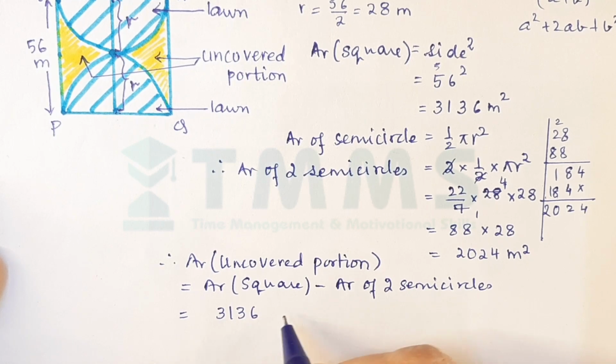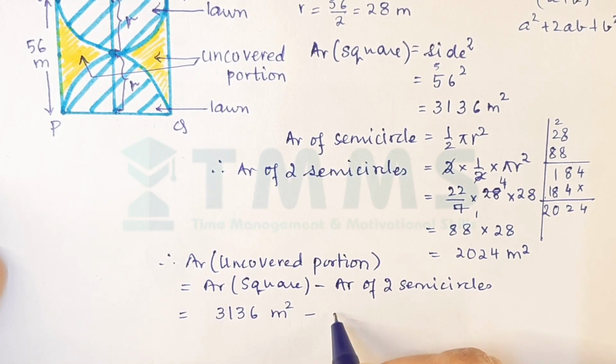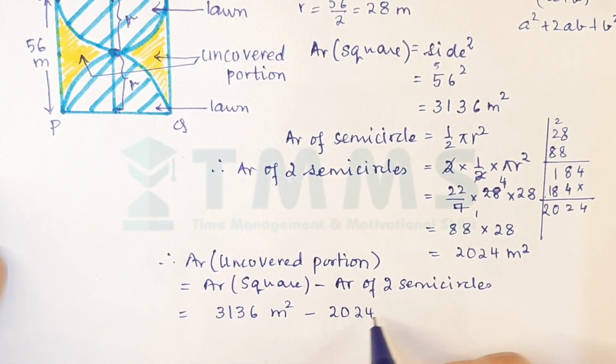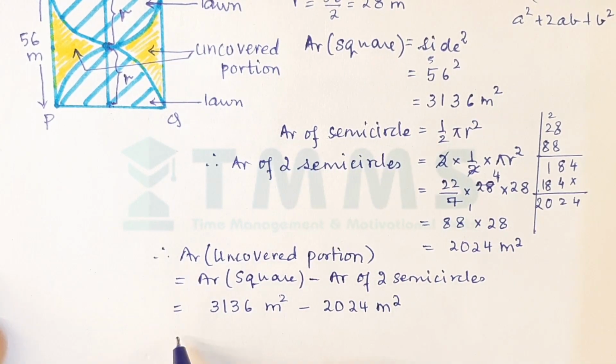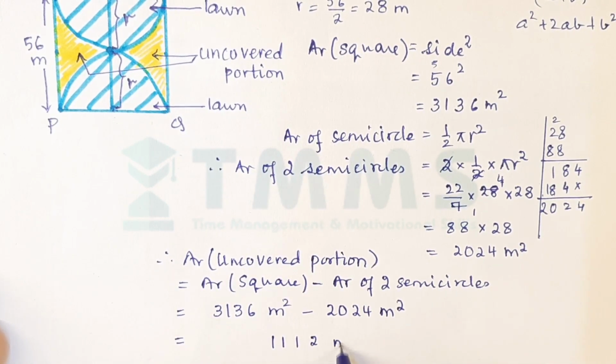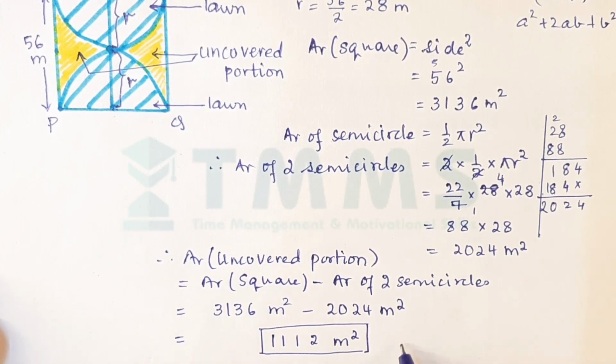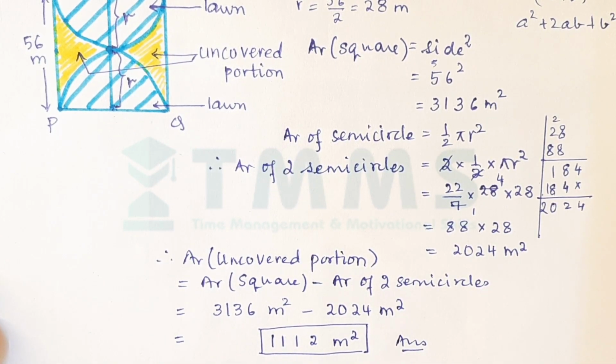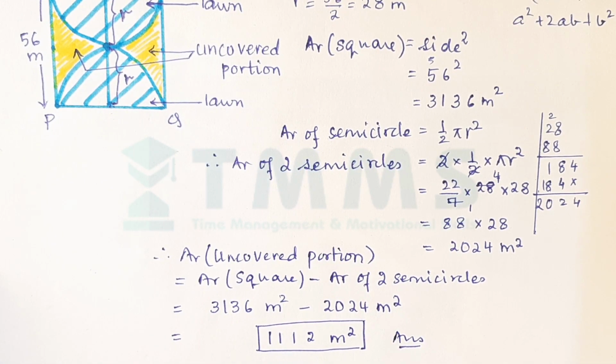Now we substitute the values. And that is our answer. Are we understanding this? Shall we take another question now?